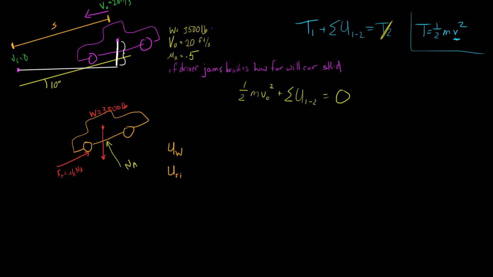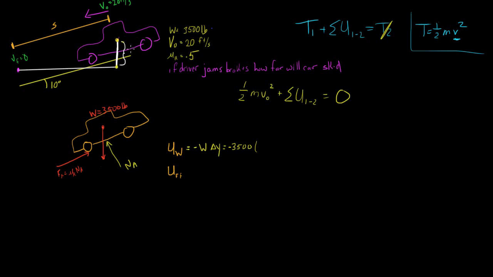So let's look at this weight force. We know that the equation for the work of a weight force is going to be minus the weight times the change in height, and this is going to be equal to minus the 3,500 pounds that this car weighs times the change in height. Well, the change in height is going to be going down. It's going to start at this position. It's going to end in this position.